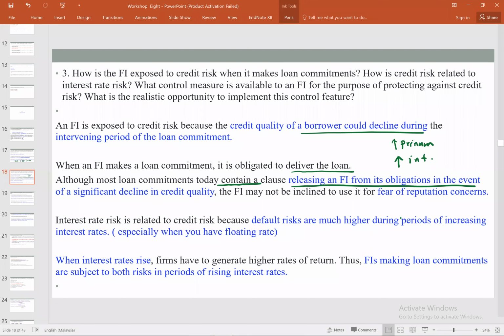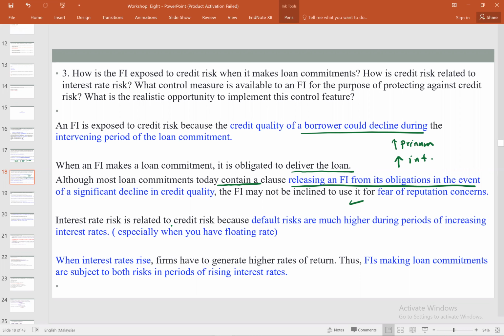It creates too much problem, especially when you are talking with big customers and the loan is big. So when you later on start to argue about the rating of the customer and you want to increase the rate for a loan commitment, it just hurts the reputation of the bank. So this is actually what makes the bank and the loan commitment exposed to interest rate risk.